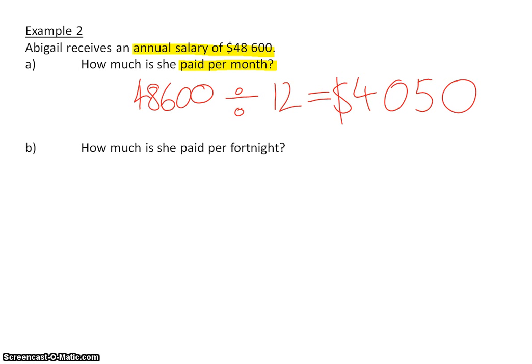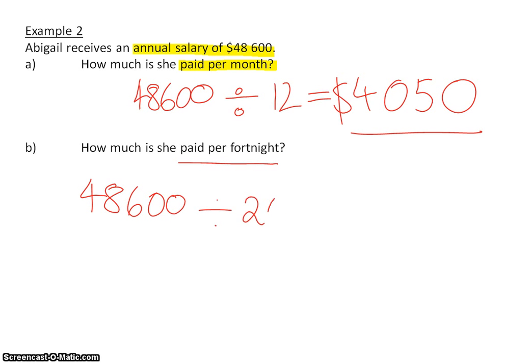Now, the second part of the question is how much she is paid per fortnight. The temptation is to take our answer from part A and use that in part B. But what we're going to do is start off with our annual salary, 48,600, and divide it by 26, the number of fortnights in a year. Once we've done that, we get our answer, which is 1869.23.